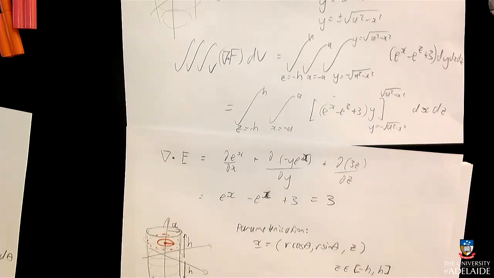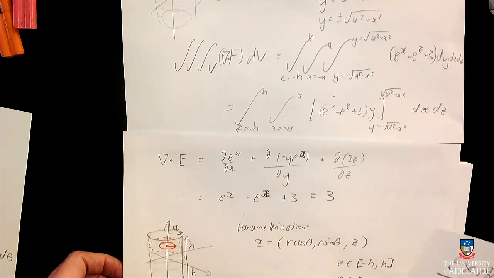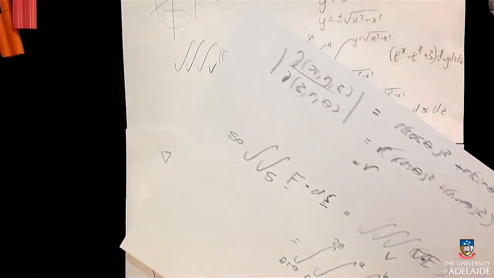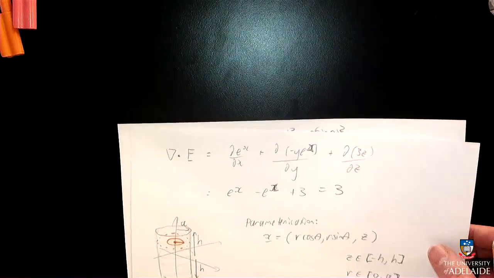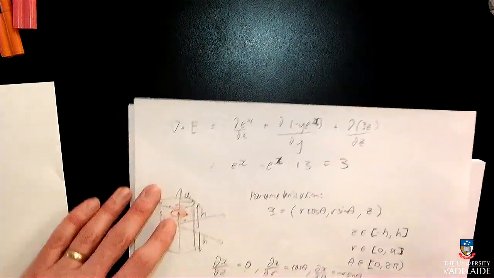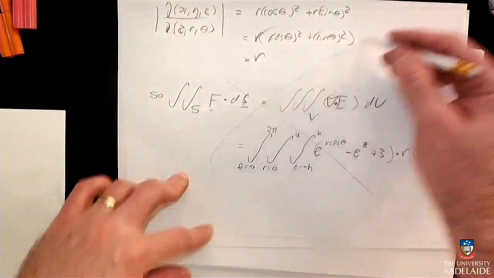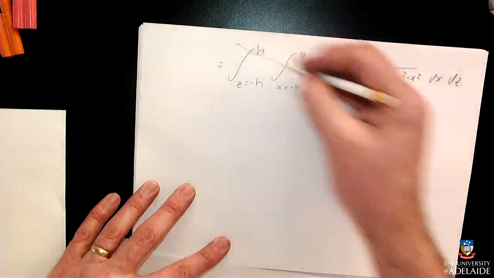Rightio. And in that case, I don't even need to parameterize it. I can skip all of this. I can go back. This is just a second. None of this is necessary now, because I don't need that, don't need that, don't need that, don't need that.